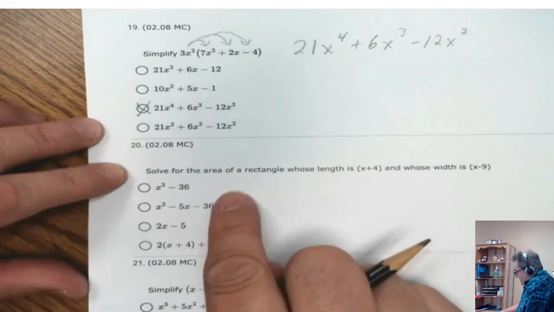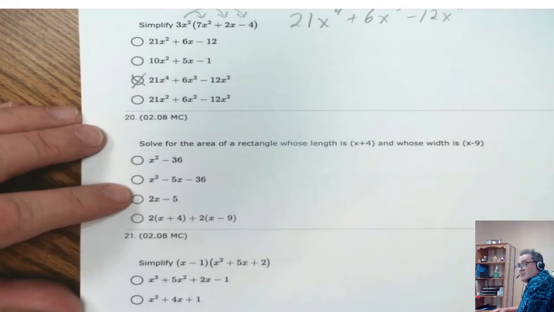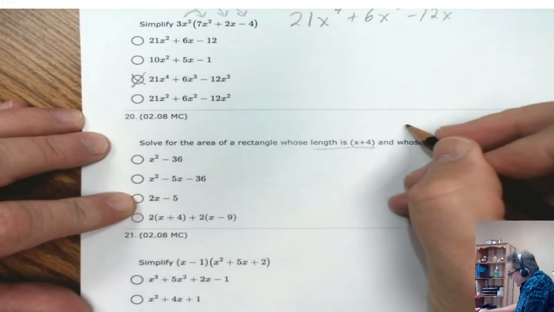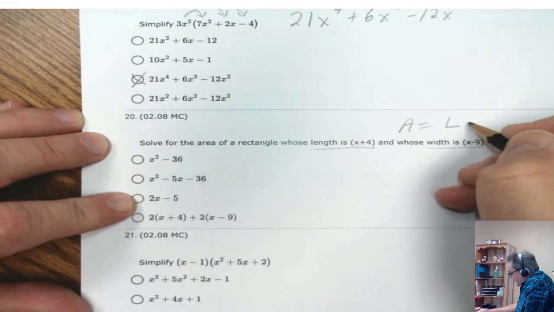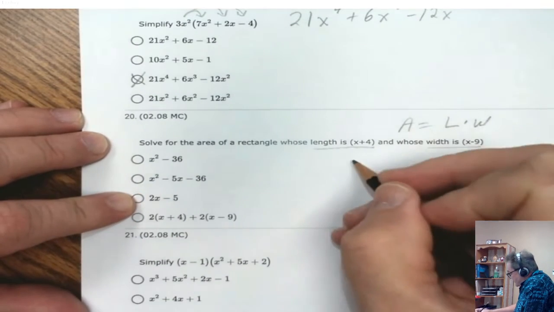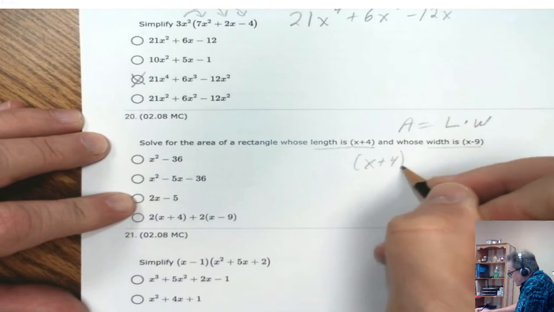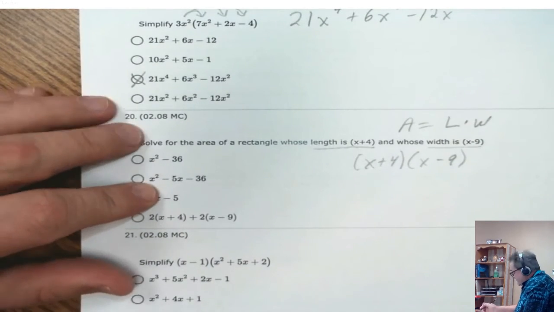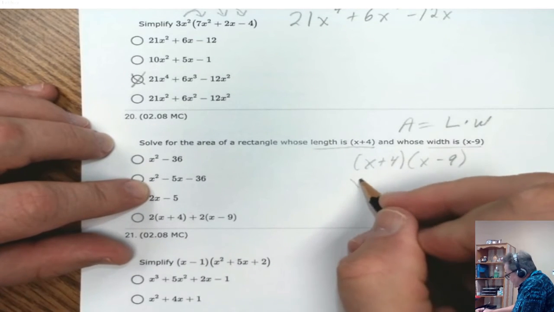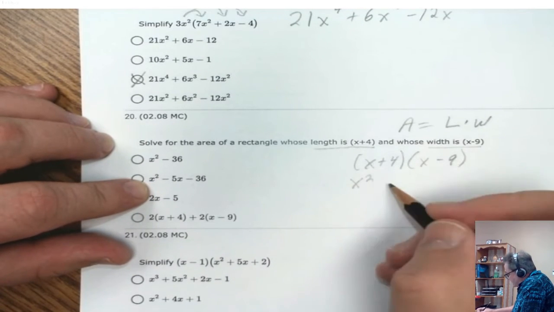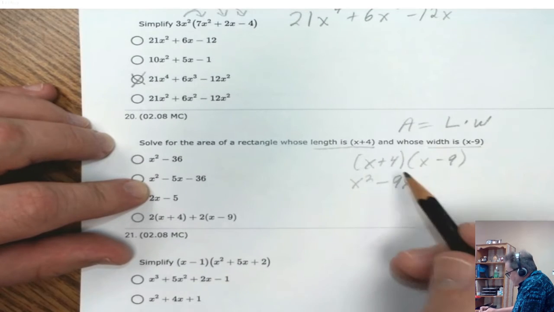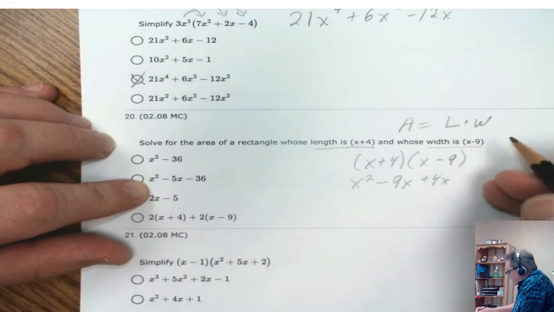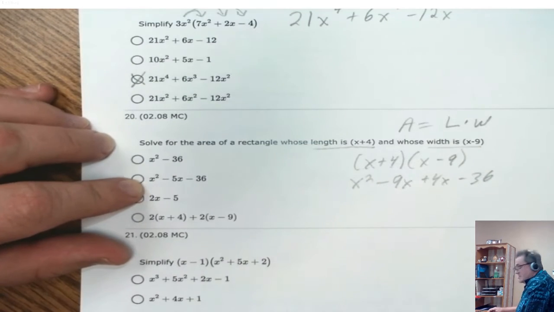All right, solve for the area of a rectangle whose length is this and the width is this. Well, remember the area of a rectangle is length times width, which means we need to take x plus 4 and x minus 9 and multiply them together. Distribute: x times x, x squared; x times negative 9, negative 9x; 4 times x, 4x; 4 times negative 9, negative 36.